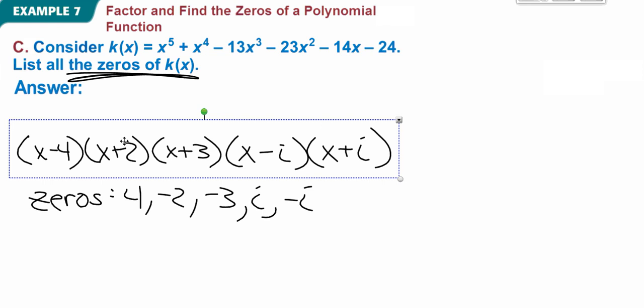Now, the next thing, and I'm going to tell you this, if you are given a higher power, maybe like this, and you're just given one complex zero, you can go about that two ways. You can do synthetic division with that. I would never do the short version.